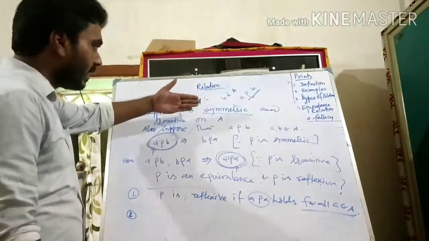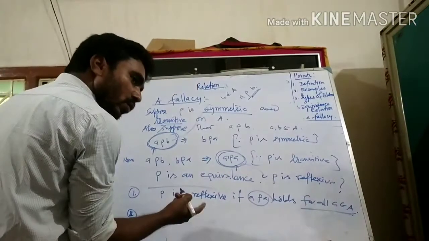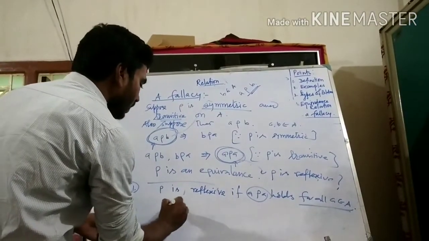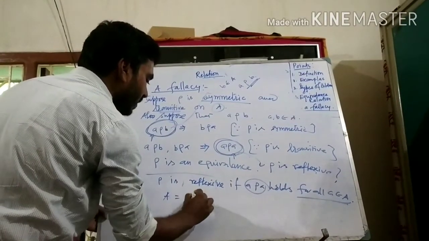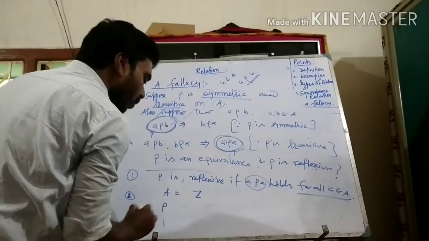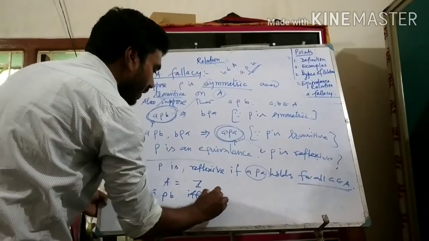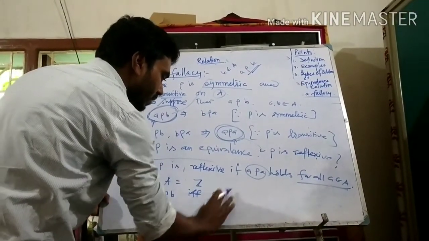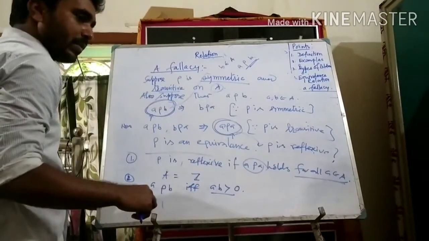For example, in the previous example, we have taken A equal to Z, and the rho we have defined in this way: there is a relation between A and B only if the product of A and B is greater than 0.